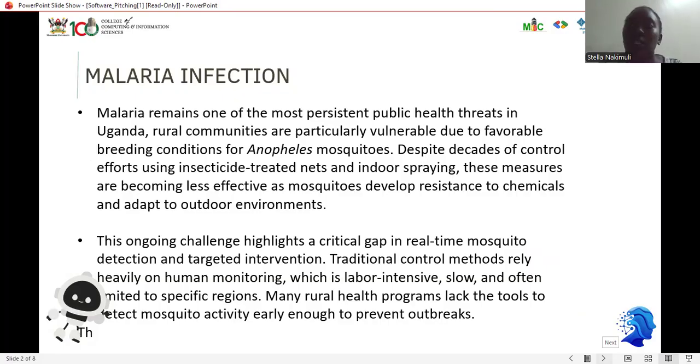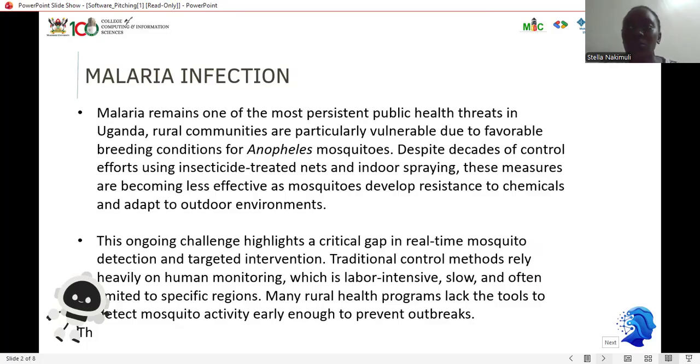We looked at how malaria has affected Uganda as a whole over the years, because many methods have been carried out to combat its spread, but it has persisted over the decades despite all the efforts using insecticides, treated mosquito nets, and indoor spraying.